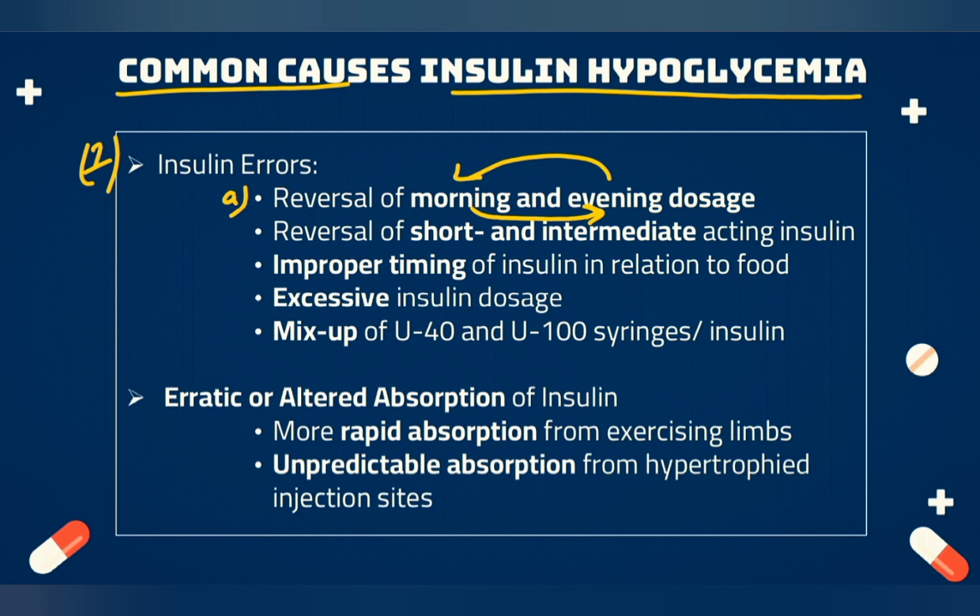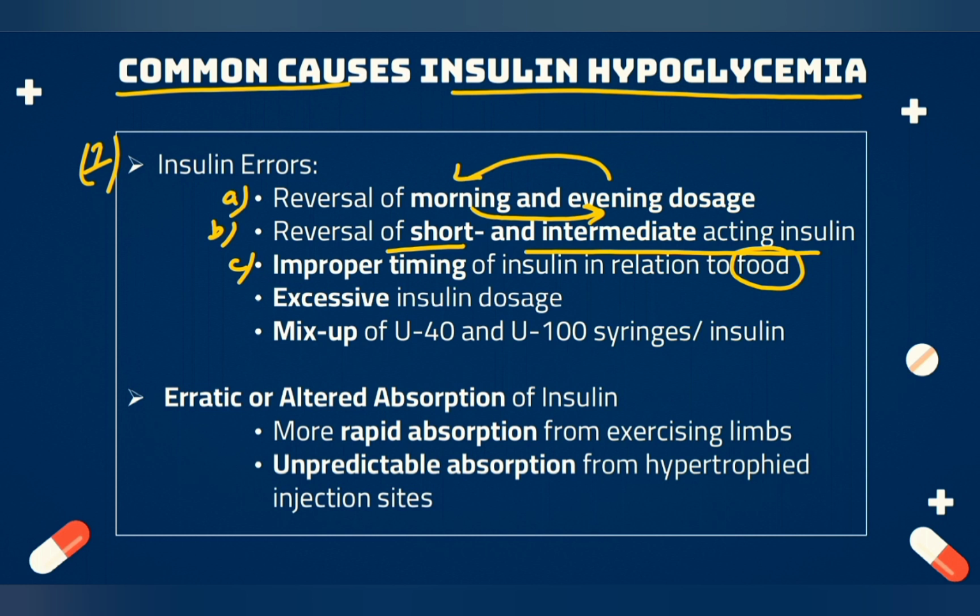The second one is reversal of short-acting and intermediate-acting insulin, which have different half-lives and durations of action. The third is improper timing of insulin in relation to food, meaning we have not calculated properly the time when the insulin should be given before or after the food.